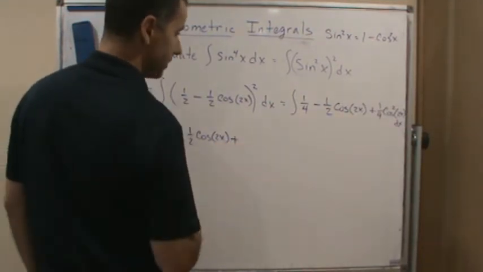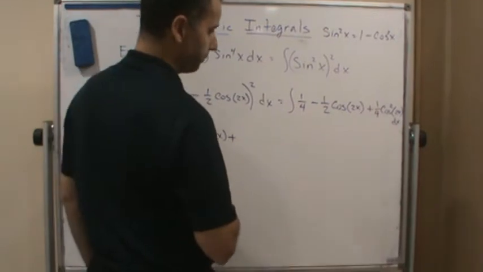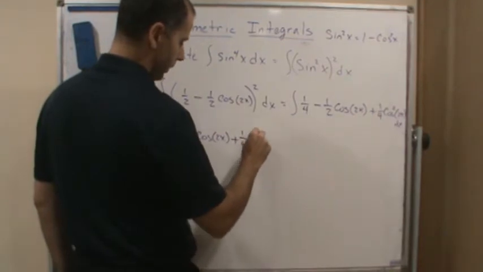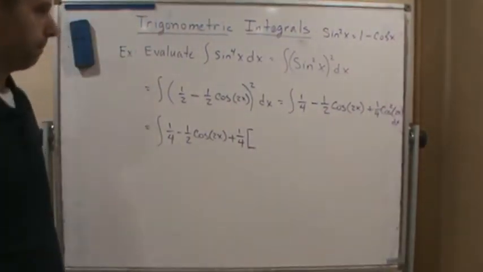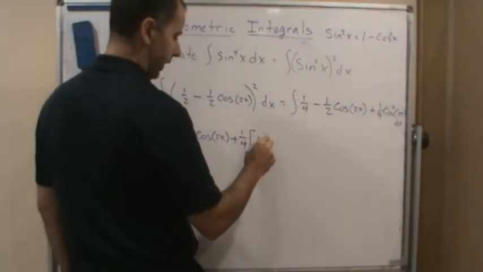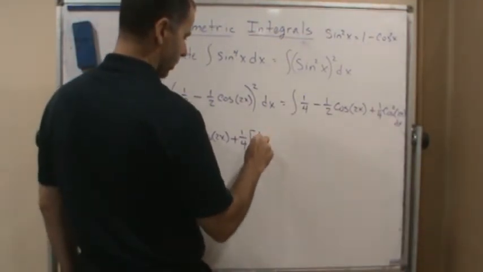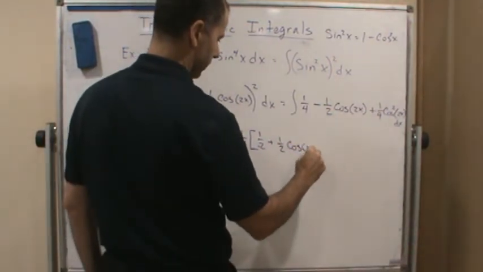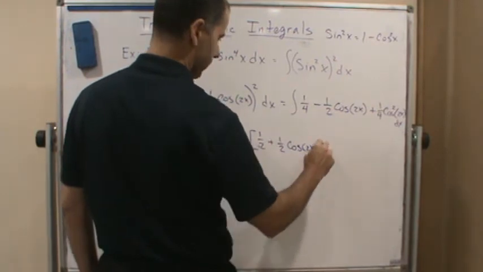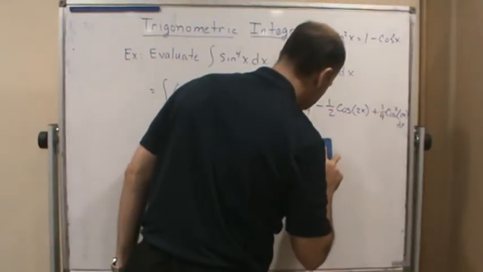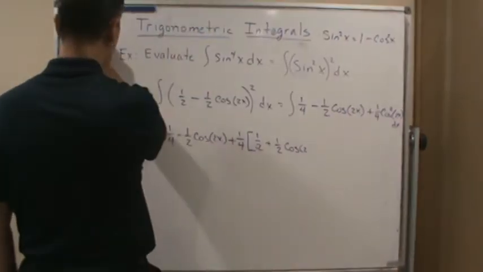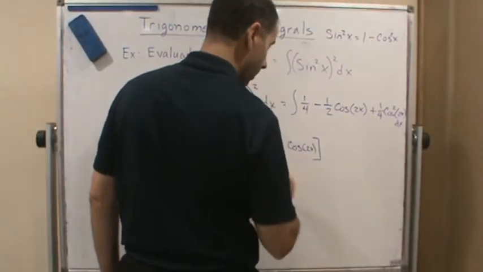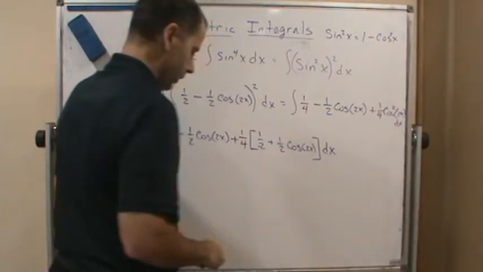Now, plus, it's going to be 1/4 times 1/2 plus 1/2 cosine, like so.